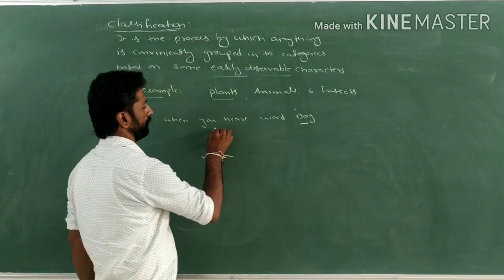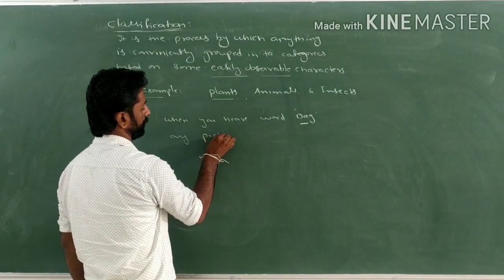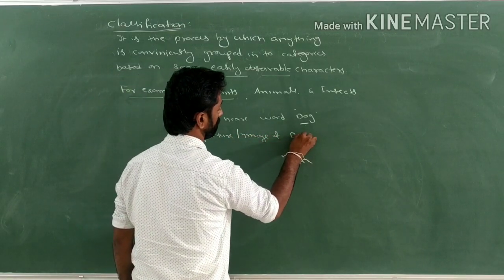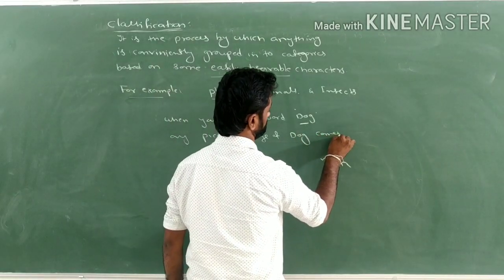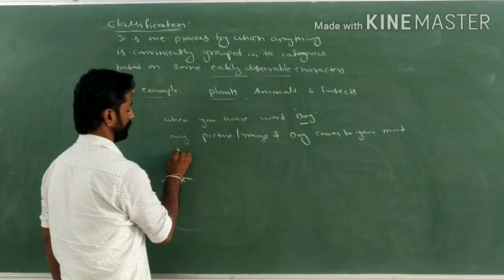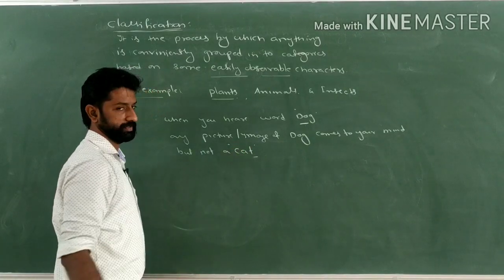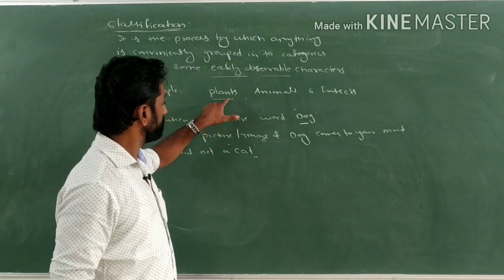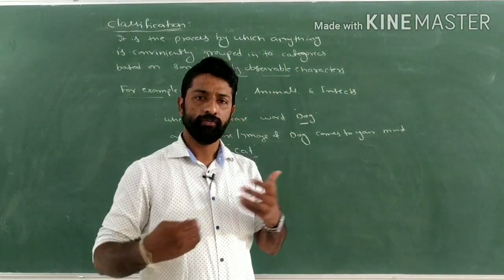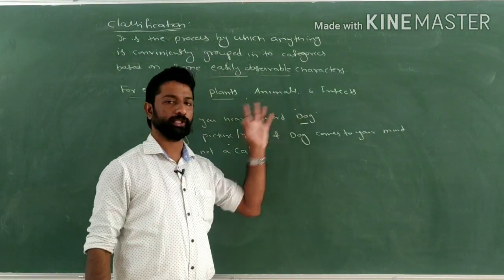When you hear the word dog, only the image of a dog comes to your mind, but not a cat. Why does it happen? When we think about these groups of organisms such as plants, animals and insects, we associate certain characteristics with the organisms in the group.